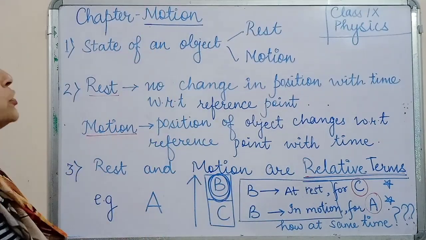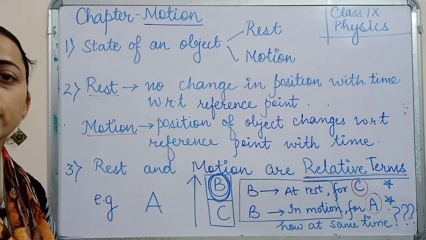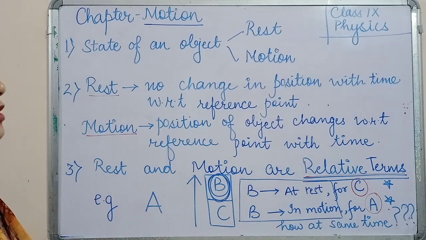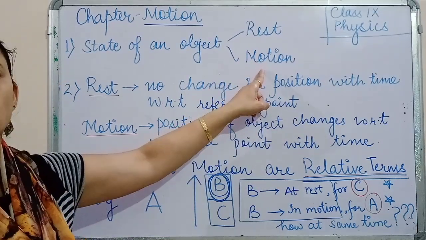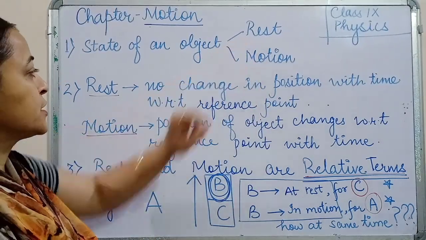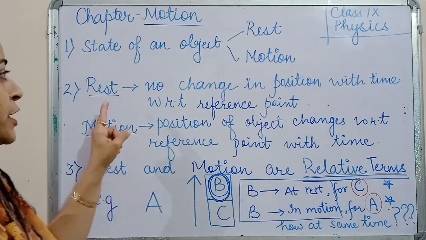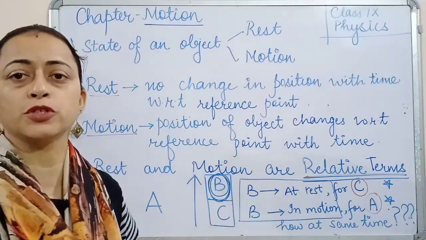When we talk about motion, we know that in physics we define the state of any object in two different ways. Either it can be at rest or it can be in motion. The state of rest is considered when an object is not changing its position.